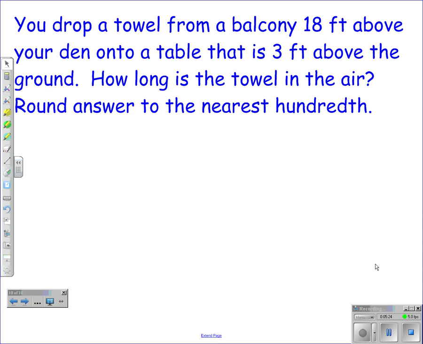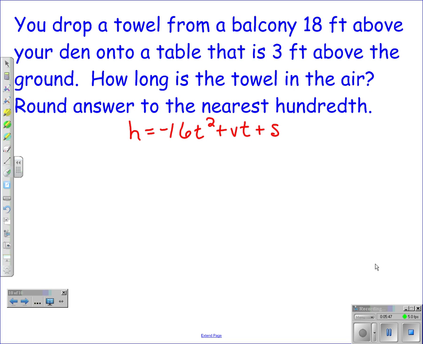Here we have a vertical motion problem, dropping a towel from a balcony 18 feet above onto a table that's 3 feet above the ground. How long is the towel in the air? Please use h equals negative 16t squared plus vt plus s as your vertical motion formula. Substituting numbers for the different variables, h is our height.